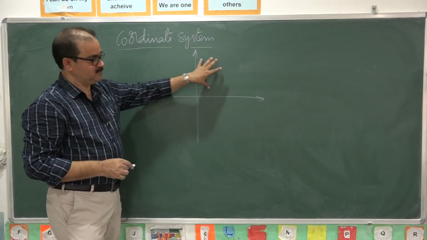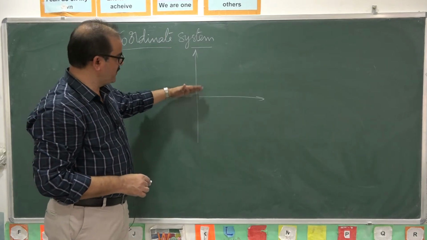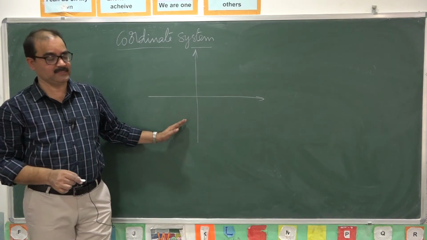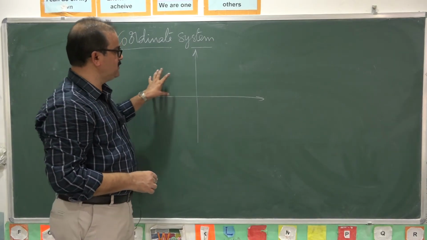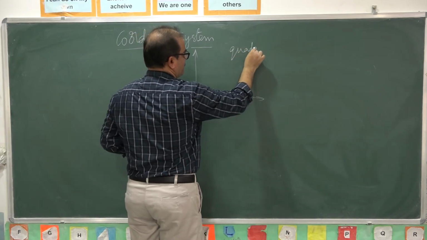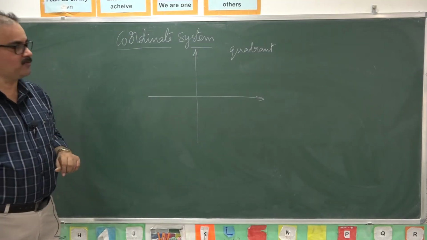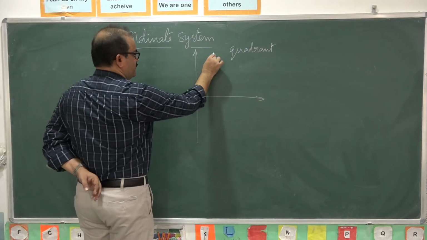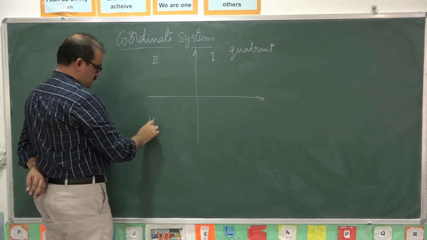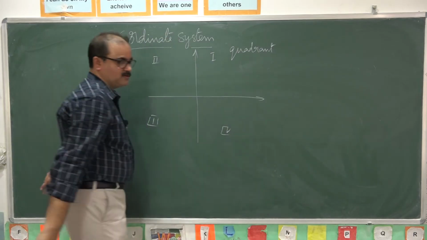This is one part, this is one part, this is one part, and this is one part. Each part is called a quadrant. Now it is first quadrant, second quadrant, third quadrant, and fourth quadrant.